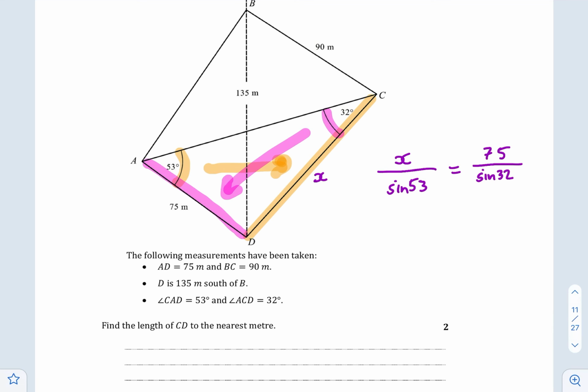And we want x on its own, so I'm going to multiply both sides by sine 53. When I do that, I get x is equal to 75 sine 53 all over sine 32. And you type that into your calculator.